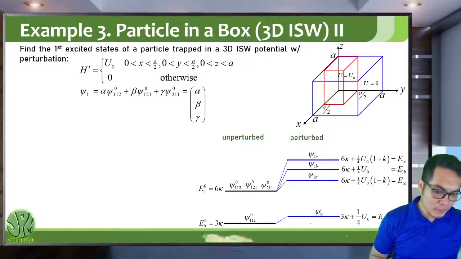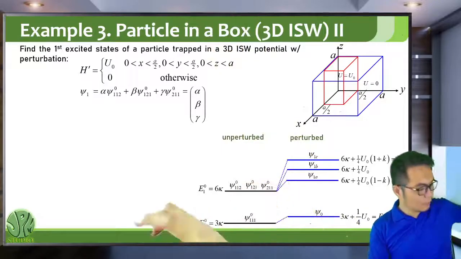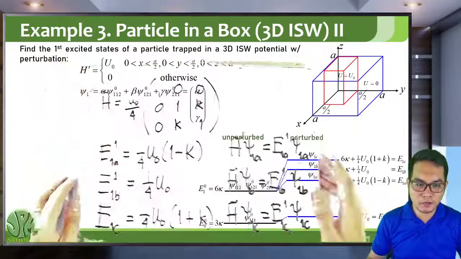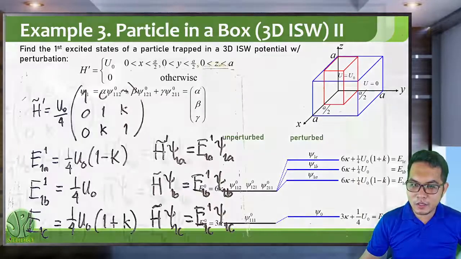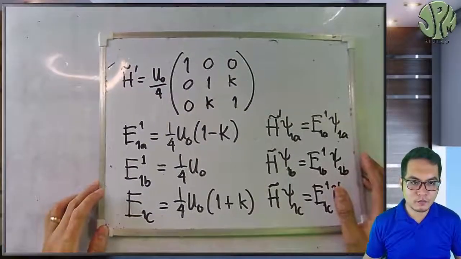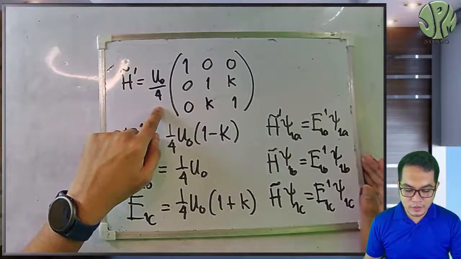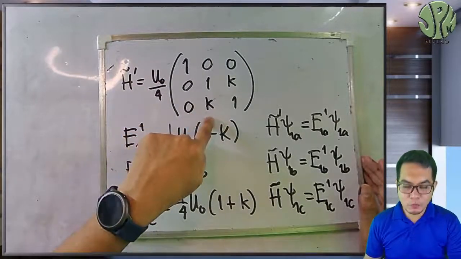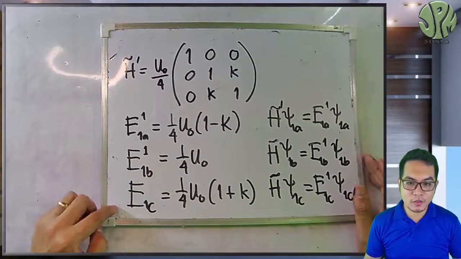Okay, so from our previous problem, we have obtained this result. So this is our Hamiltonian in terms of unit and k, where k is 64/9 pi squared, and we have 3 first order correction energies.